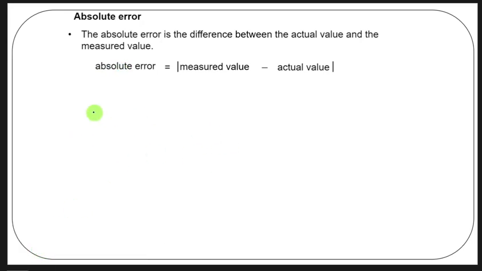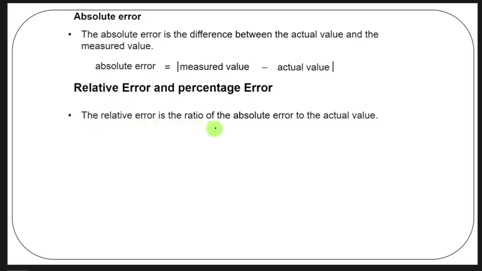So now we also have another value that we deal with called the relative error and the percentage error. The relative error is the ratio of the absolute error to the actual value. So relative error is given by the absolute error divided by the actual value.